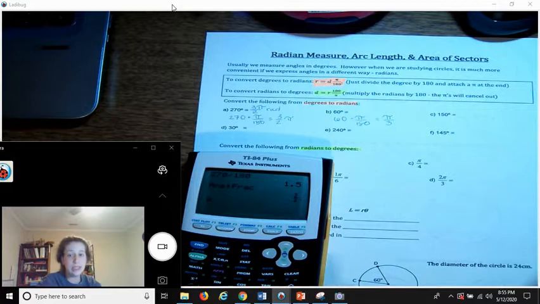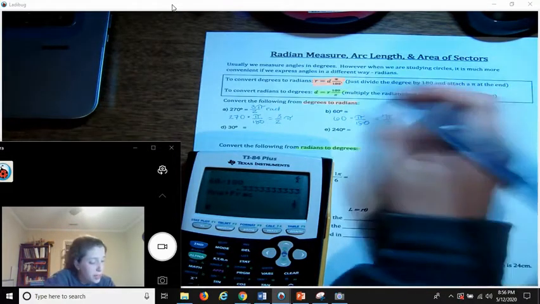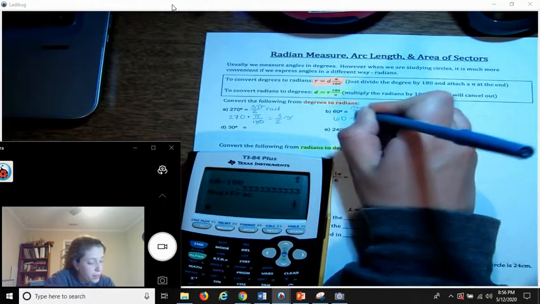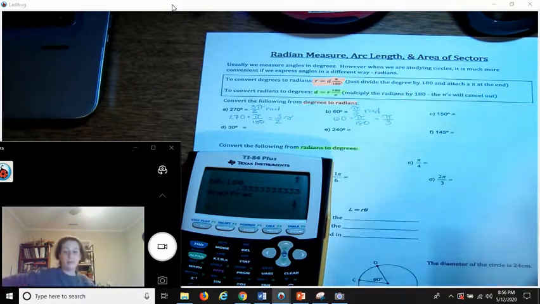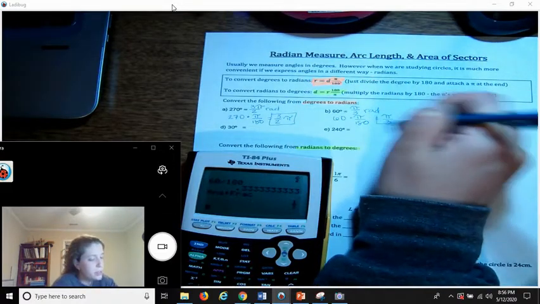Type 60 into your calculator, divide that by the bottom number, 180, click enter, and you get 0.33333. Click math, enter, and you get 1/3. So we should have pi over 3 radians right here. Okay, so this was our solution, and this was our solution.